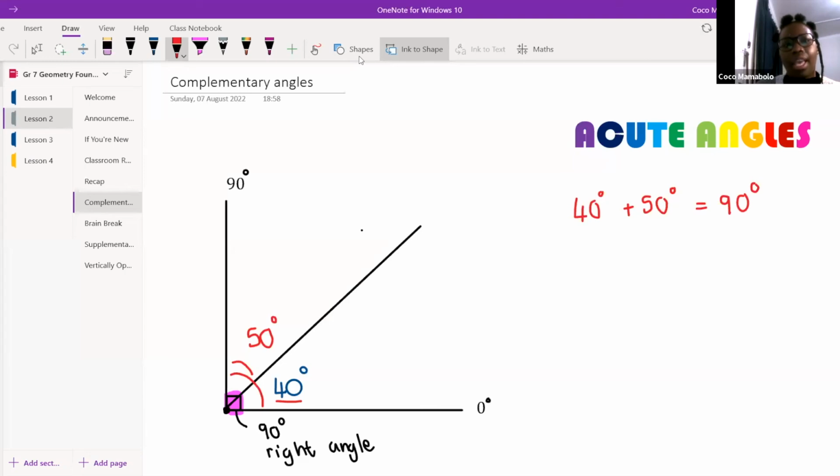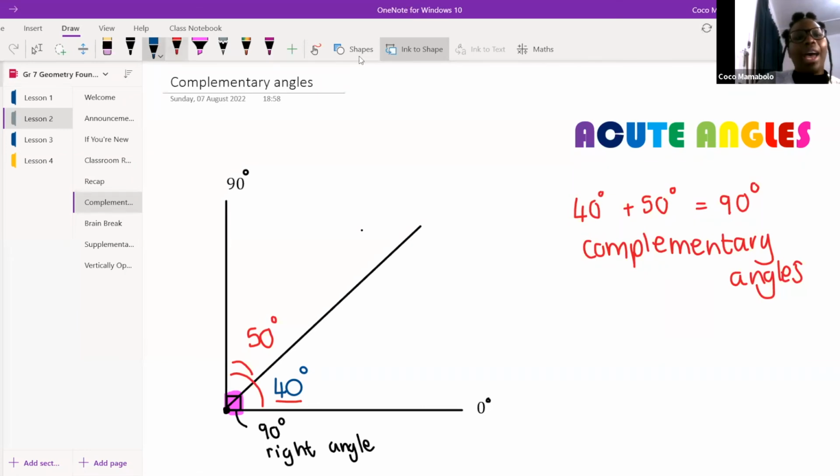And we call these two complementary angles. Complementary angles. But when I describe them, I'm not going to say 40 degrees and 50 degrees are complementary angles.